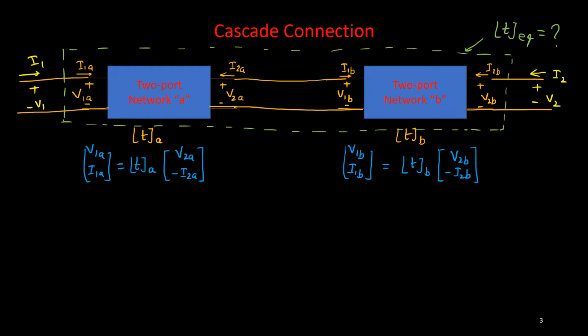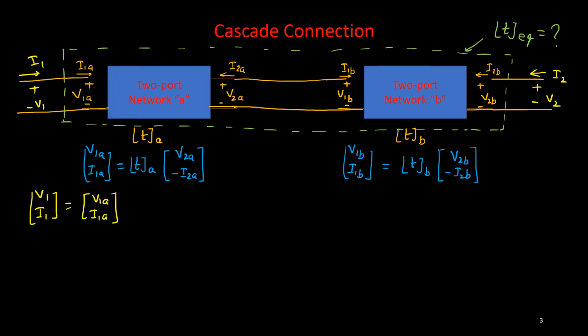Now we'll try to relate all these variables. You can look here, this is I1 and I1 is same, V1 and V1 is same. So in a group form I can write that this column vector V1 and I1 should be the same as V1A and I1A.